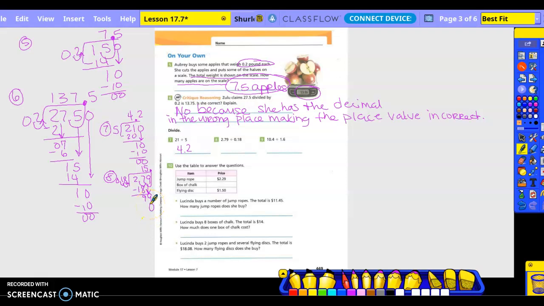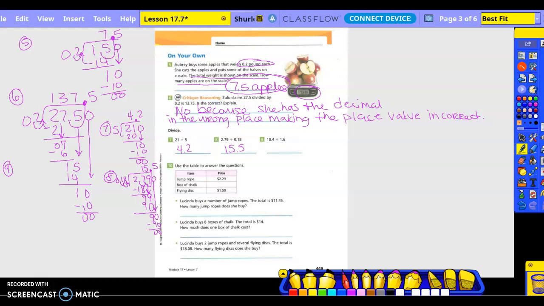Put the 0, carry the 4. 5 times 1 is 5, plus 4 is 9. So 9 left over. Add a 0. Bring it straight down. We have 90. Did we just get that? Yep. So 5, minus 90. Nothing left over. So my answer is 15 and 5/10.